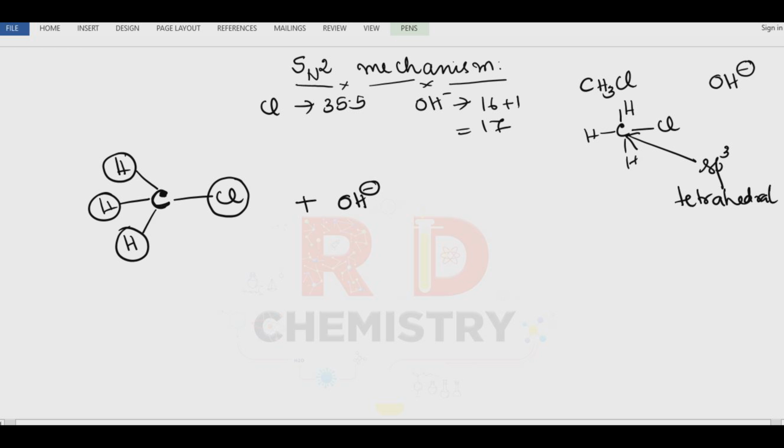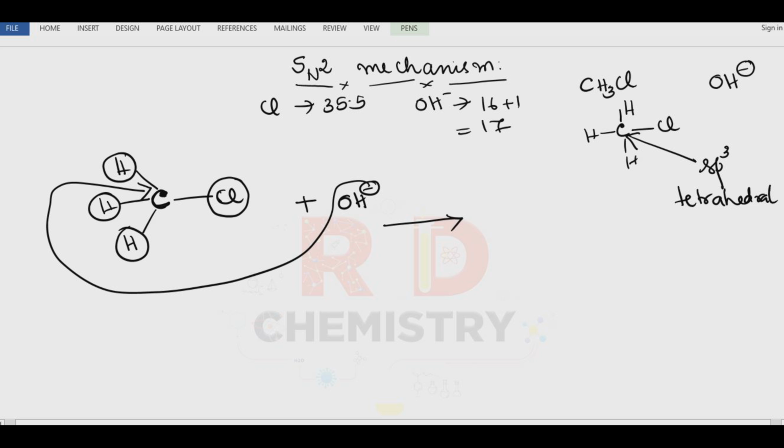Therefore, the hydroxide nucleophile tries to attack the carbon atom from the weaker side. So it attacks from the back side. So it is called the backside attack. It cannot come from the same side as that of the chlorine because chlorine is a little bulkier. So OH minus always goes to that side where there is no bulkiness, so hindrance should not be there. So it attacks from the back side.